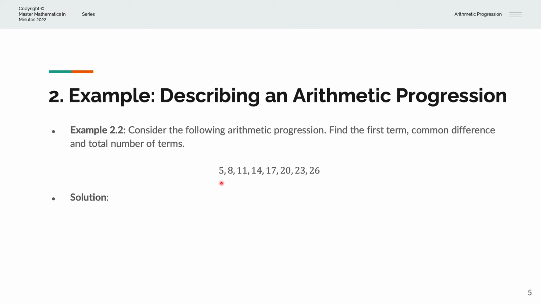And so we have u1 equals a equals 5. And 5 plus 3 is 8. 8 plus 3 is 11. 11 plus 3 is 14. And so we have the common difference of d equals 3. And by counting the number of terms, we have n equals 8.